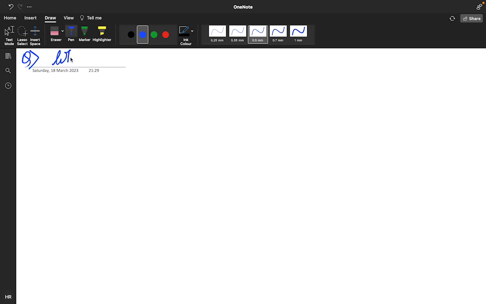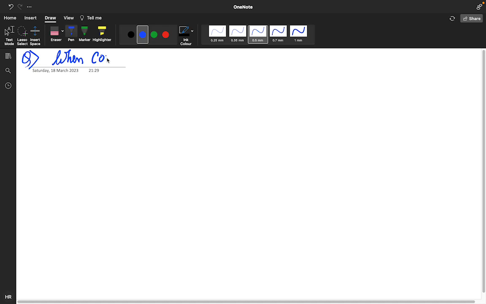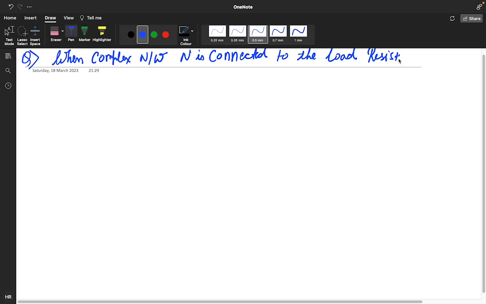Question is, when complex network N is connected to the load resistance RL, the power dissipation is P naught.